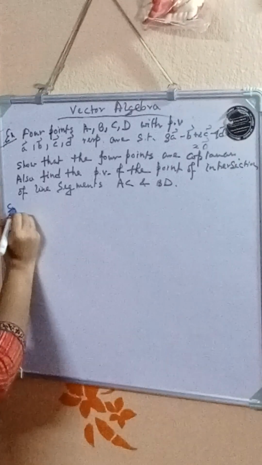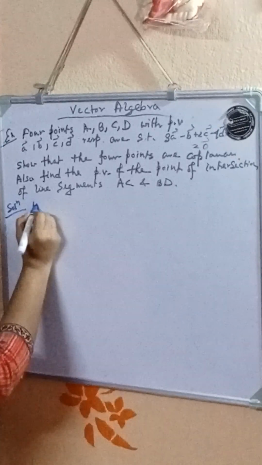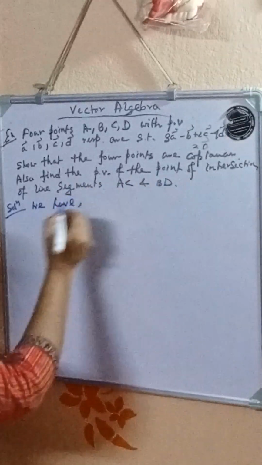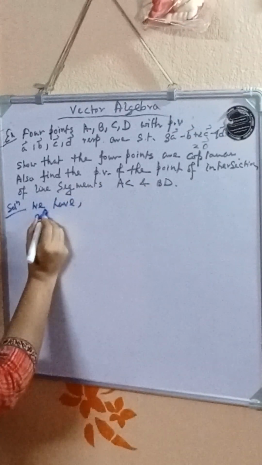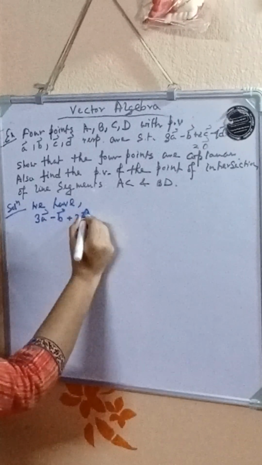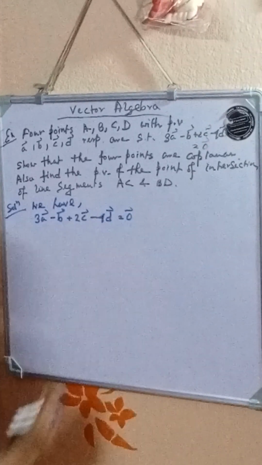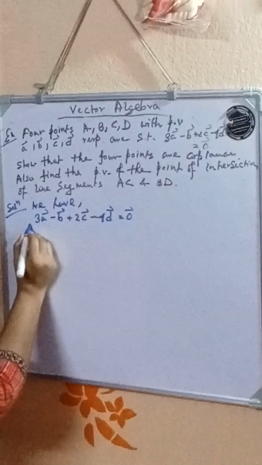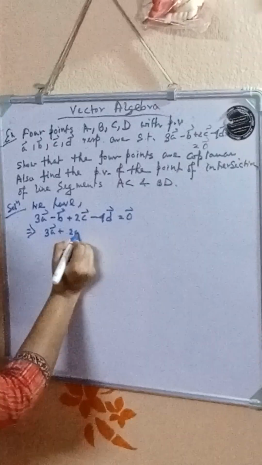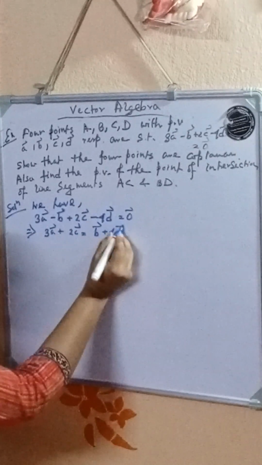Solution. According to the question, we have 3A vector minus B vector plus 2C vector minus 4D vector equals zero vector. This implies 3A vector plus 2C vector equals B vector plus 4D vector.